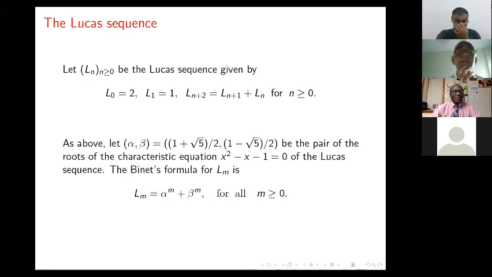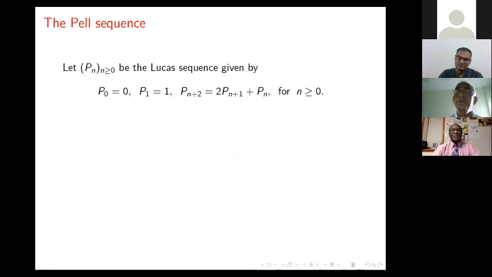Similarly, we have the Binet formula of Lucas numbers given by this expression here, with the same roots alpha and beta of the characteristic equation s squared minus s minus 1 equal to 0.